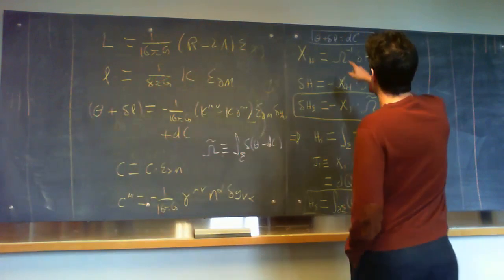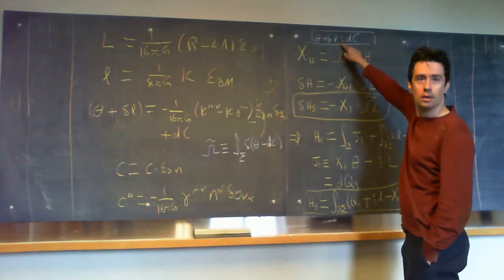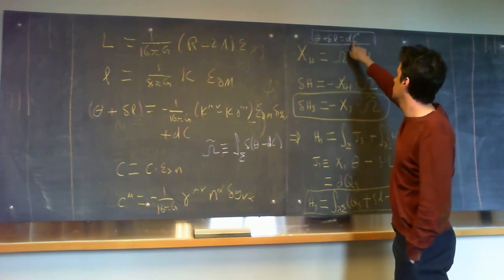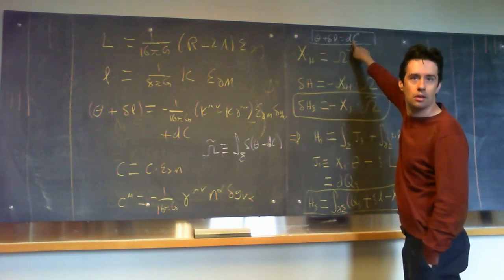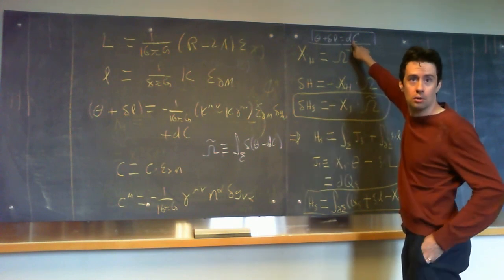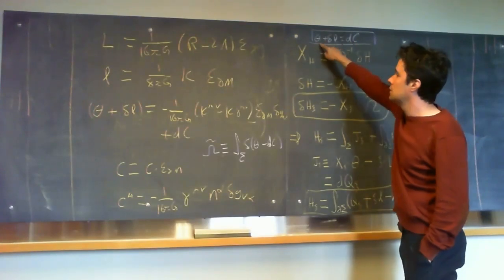But if you look in this equation up here, you see if I shift theta by dy, then you can interpret that as changing C. So in fact, you can even set C equals 0 if you want to by shifting theta.